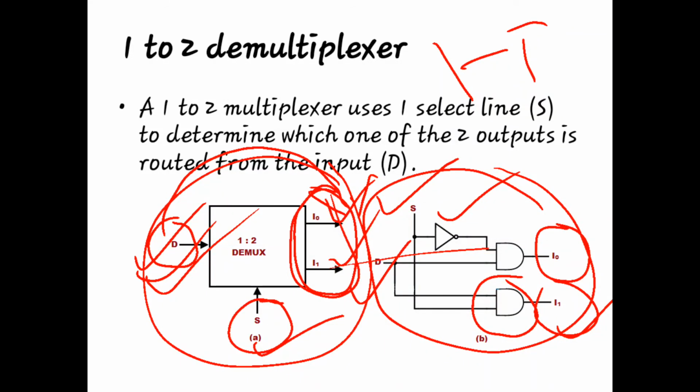So in a nutshell, the circuit implementation for this 1 by 2 demultiplexer is utilized here with one NOT gate and two AND gates.